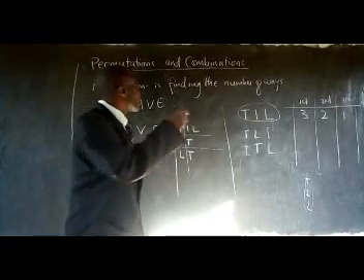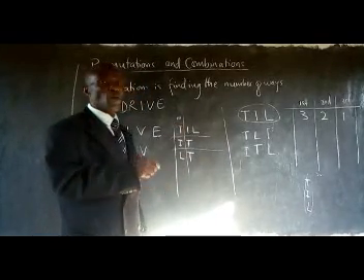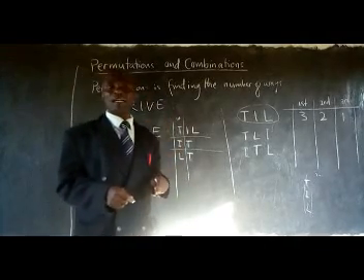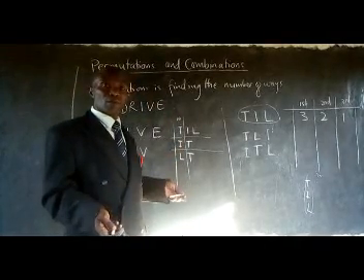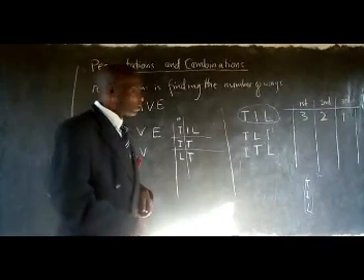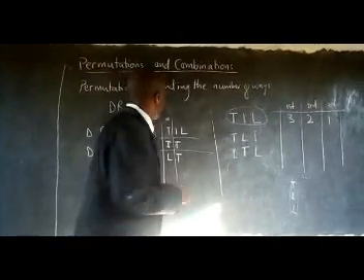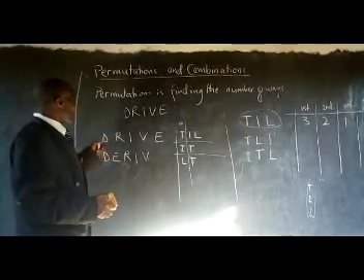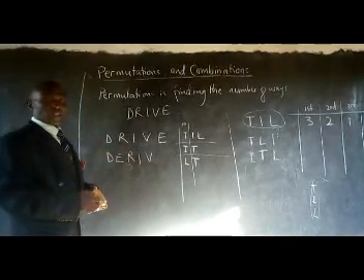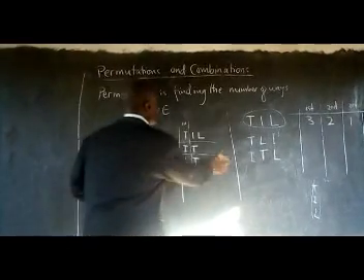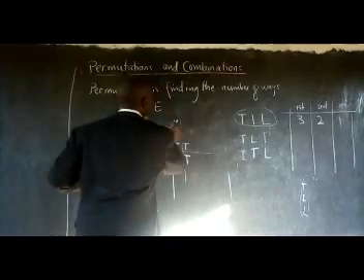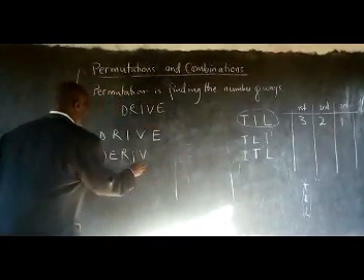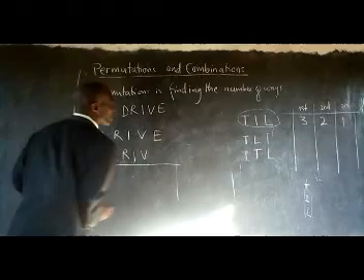So you find that there are 6 ways of arranging the 3 letters T, I, and L. Okay, that is one example. I'm going to do the same with the word grave. It would be in the same category.